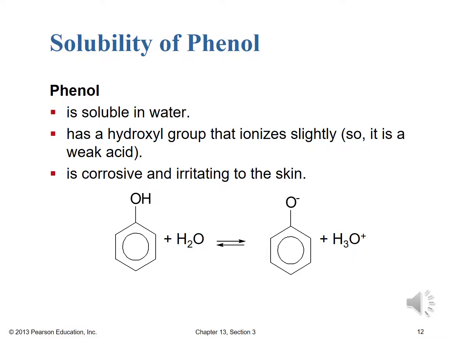And we see here that weak acid plus water in equilibrium with the weak acid anion, in this case the phenolate ion, and the proton, which is now sat on a lone pair of that water to become the hydronium ion. So there we have it, our weak acid plus water in equilibrium with weak base, the acid anion, plus the hydronium ion.